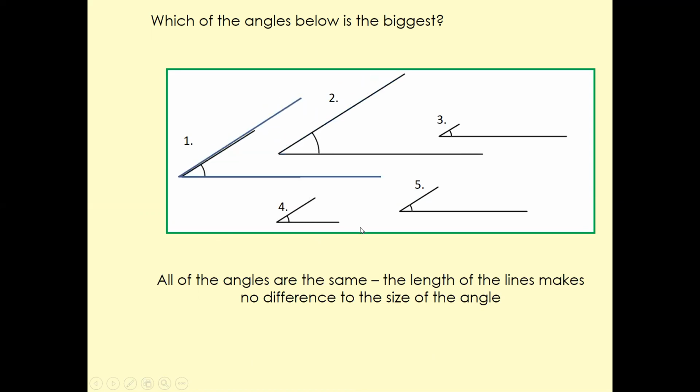We can see here that they are exactly the same. If you put all these angles on top of each other, we can see that they are all exactly the same. So the point is, the length of the lines doesn't make any difference to the size of the angle at all.